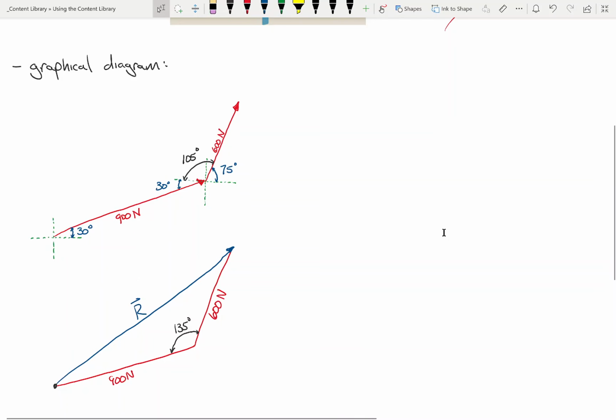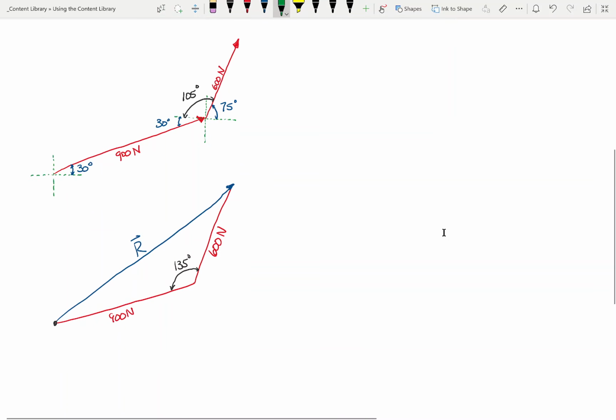Now, before we move down the rabbit hole, I want to go back to this part right here. My scale is way off. Just bear with me, okay? Remember, what is this angle again? 30.